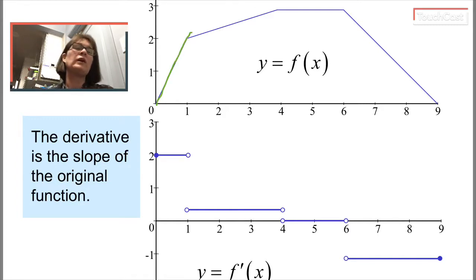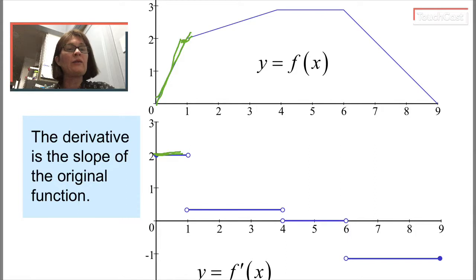Okay, so check out this piece. Between 0 and 1, f is linear, so I can figure out the slope. It looks like this little line segment contains 1, 2 and 0, 0, so the slope is 2. The slope is 2 along that whole chunk of this graph. So watch me graph the derivative. The derivative is a constant, 2.